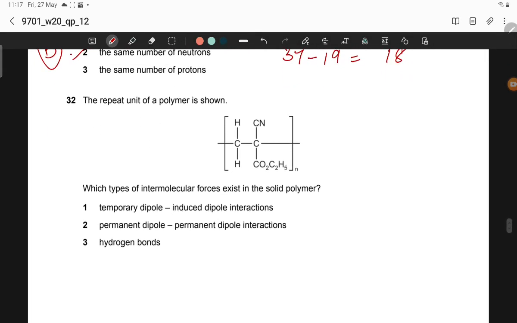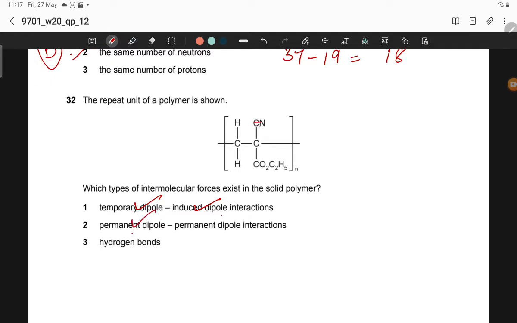Question number 32. The repeat unit of the polymer is shown. Which types of intermolecular forces exist in the solid polymers? Temporary dipole and induced dipole interaction is also present. Permanent dipole is present.